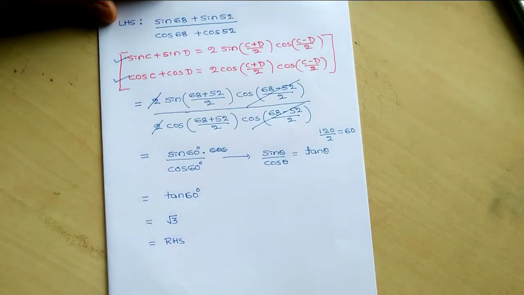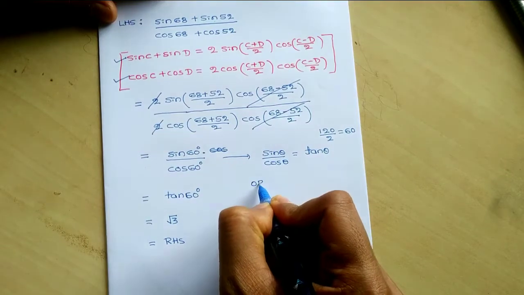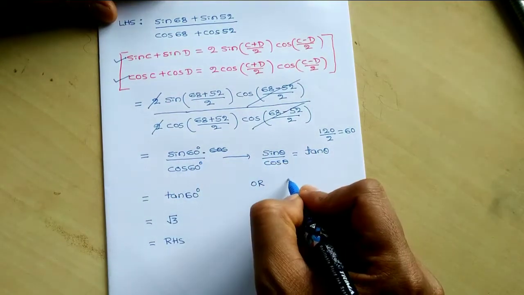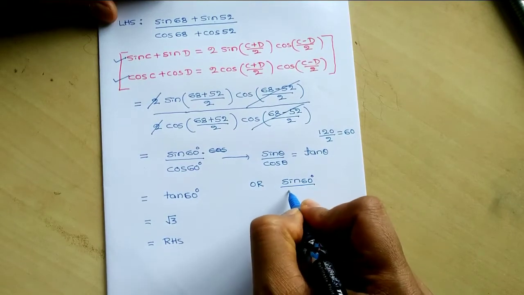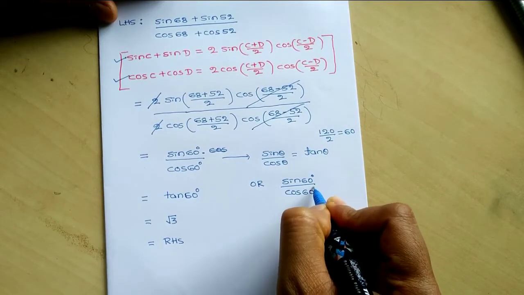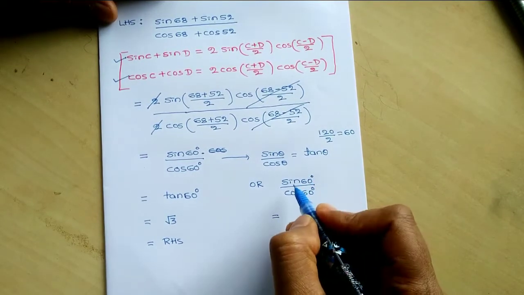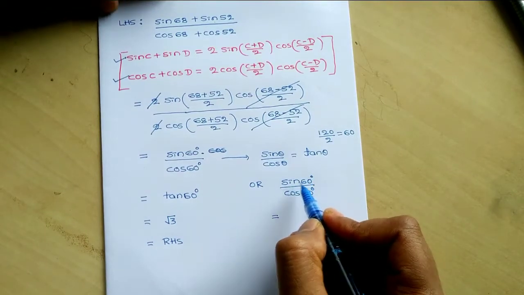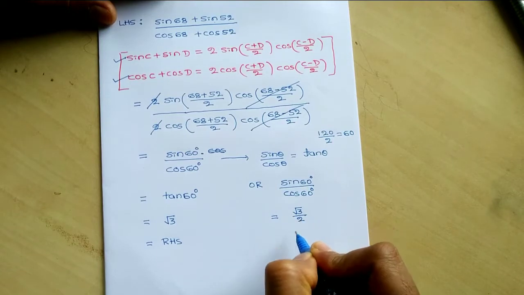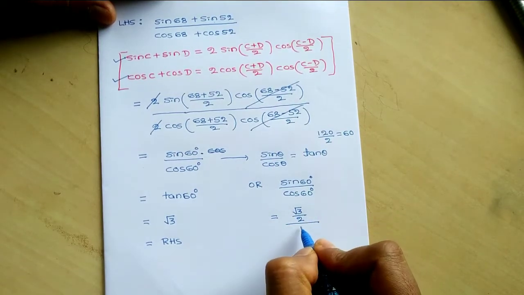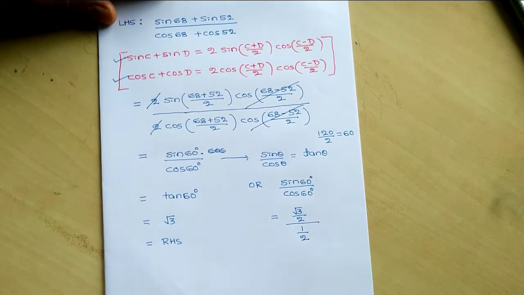Okay, so this is correct. Otherwise, see here sin 60 degrees divided by cos 60 degrees. You can substitute the sin 60 value, that is root 3 divided by 2, divided by the cos 60 value, 1 divided by 2.